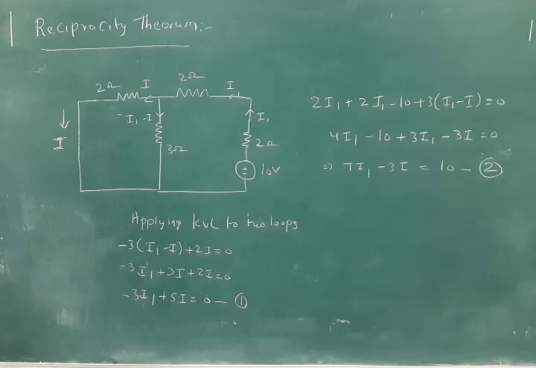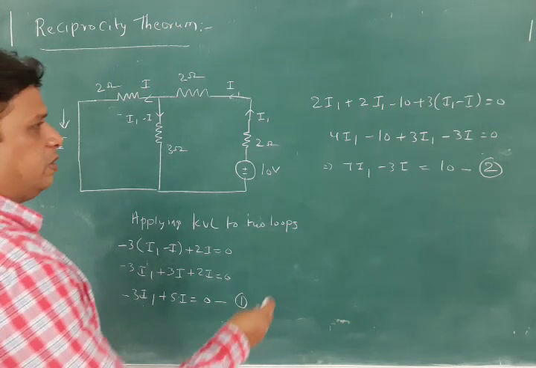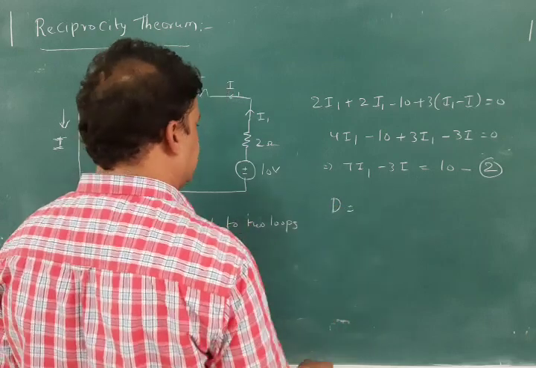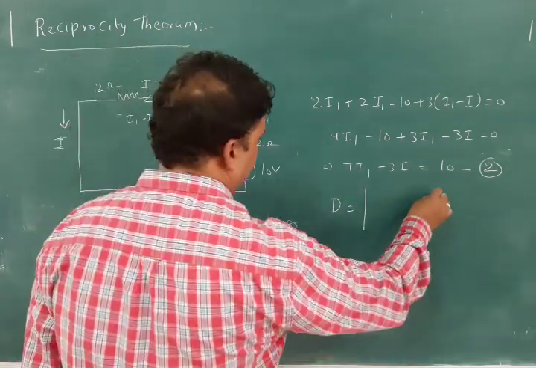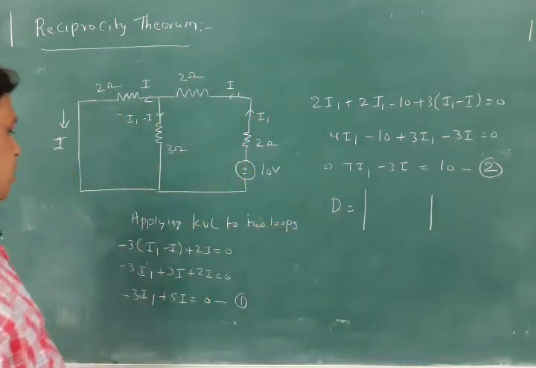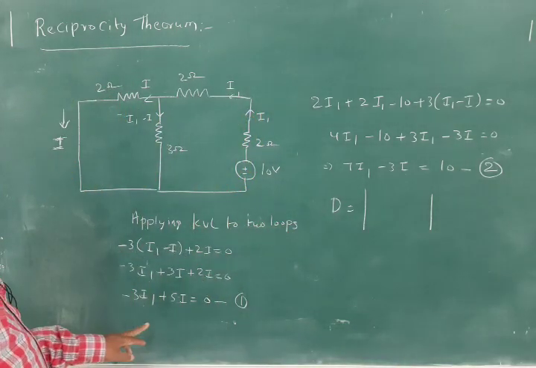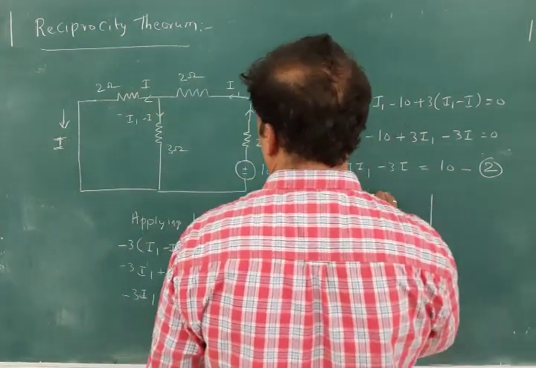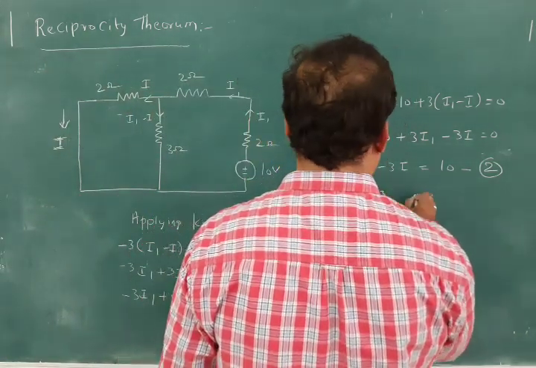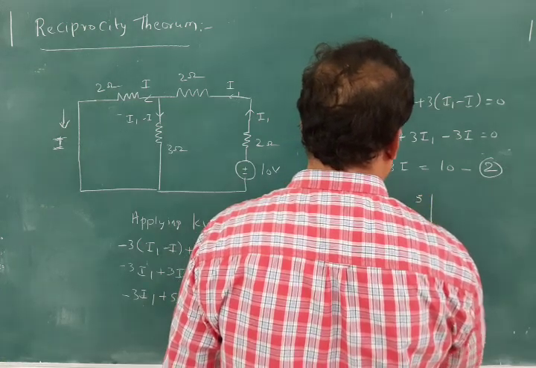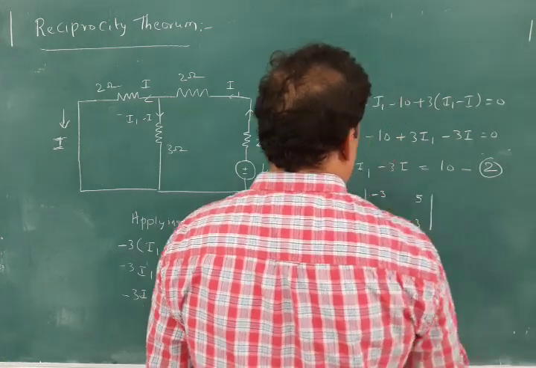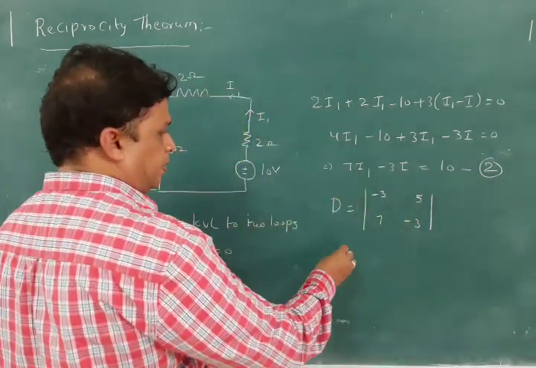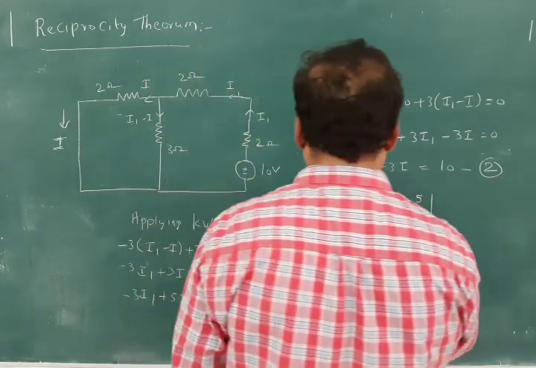Now, if you write the determinant of these two equations, because you have to solve for current I, D is equal to, as I have already told you how to write that, minus 3, 5, 7, minus 3. This is the coefficient of I1 and this is the coefficient of I. So if you solve this one, you get the value of D.